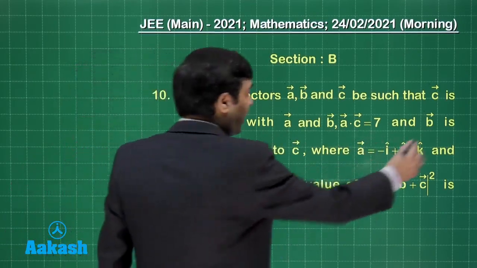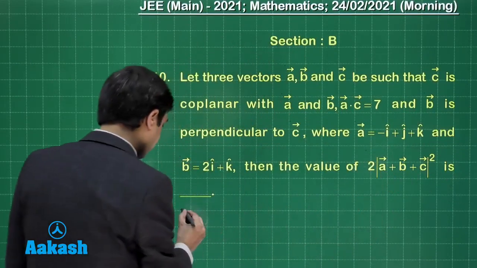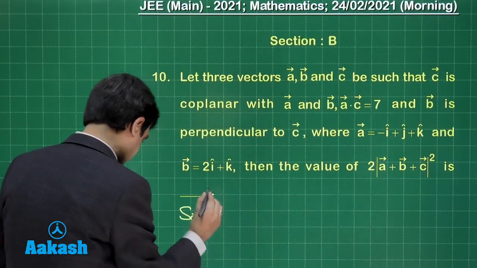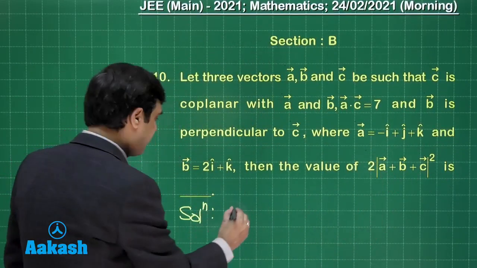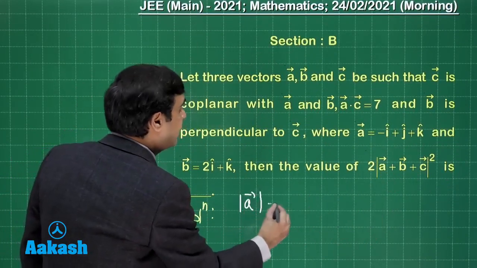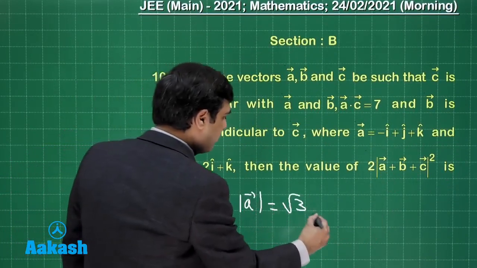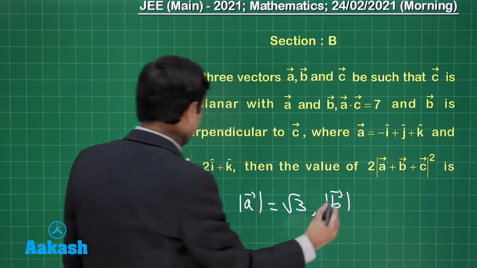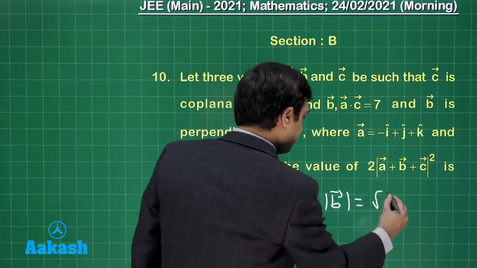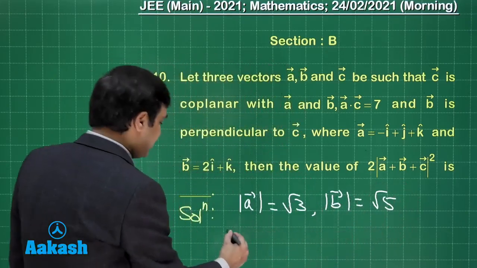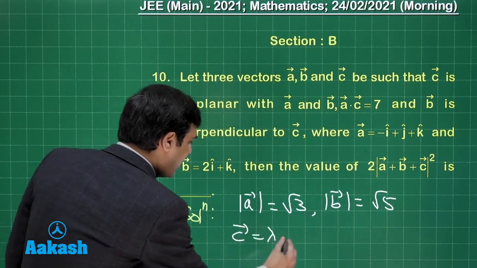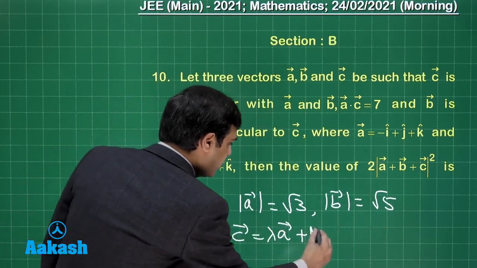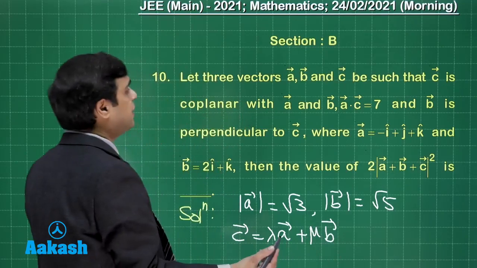Now, let's write down what is known to us. We can say mod of vector a is root 3, mod of vector b is root 5. Now, c is coplanar, so c is lambda times a vector plus mu times b vector, right?